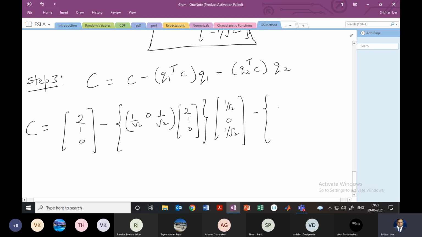Now let's do the third term. So you have Q2 transpose. So 1 by root 2, 0, negative 1 by root 2 into C, which is 2, 1, 0, and multiply this with Q2, which is 1 by root 2, 0, negative 1 by root 2.